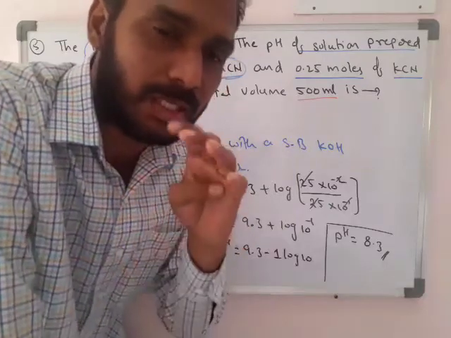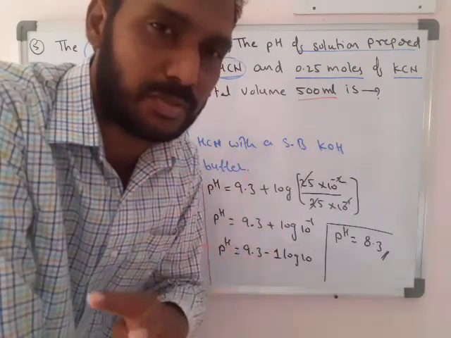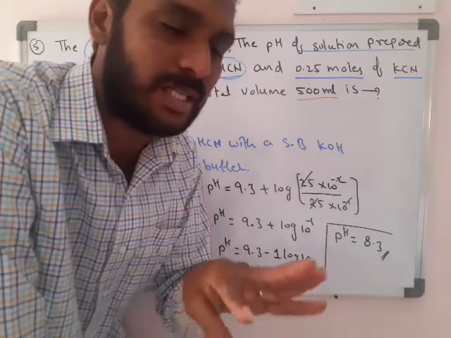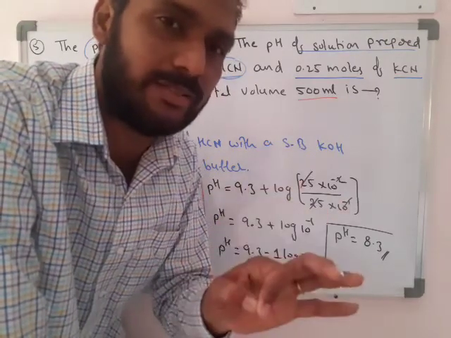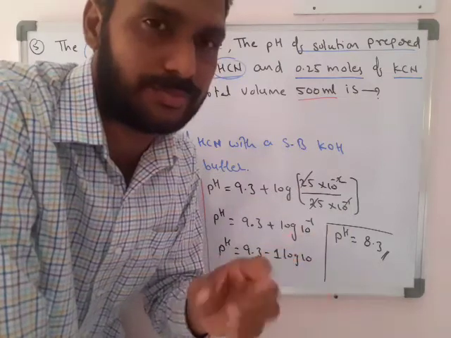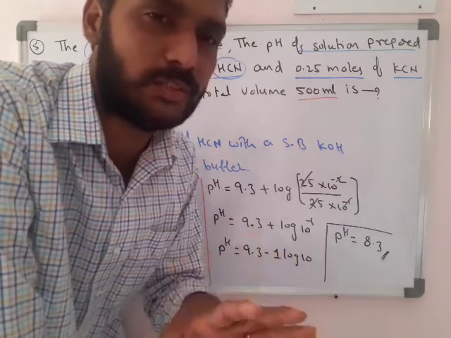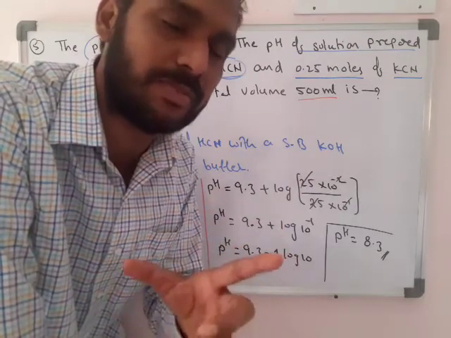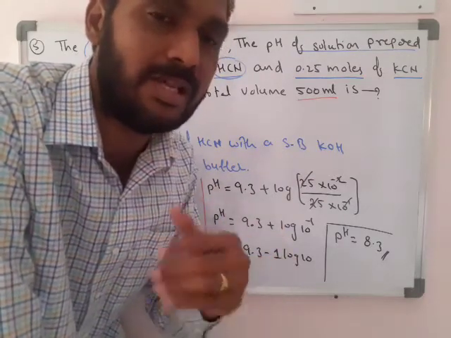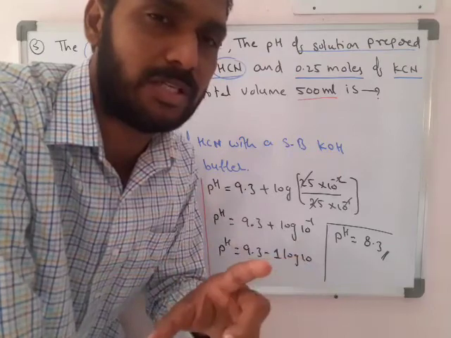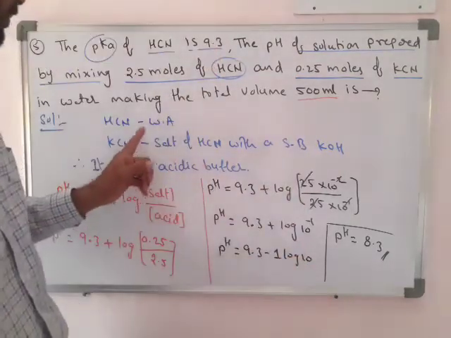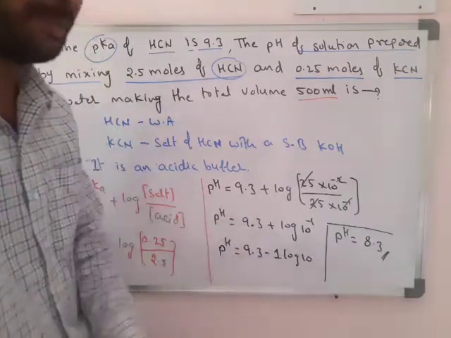But this does not perfectly work in a buffer solution, because in a buffer solution the pH value is based on the ratio of the weak acid and salt. So for an acidic buffer it is not the case that its pH value will always be less than 7, and for a basic buffer it is not always greater than 7. So here, see, it is an acidic buffer, but it is having pH 8.3.